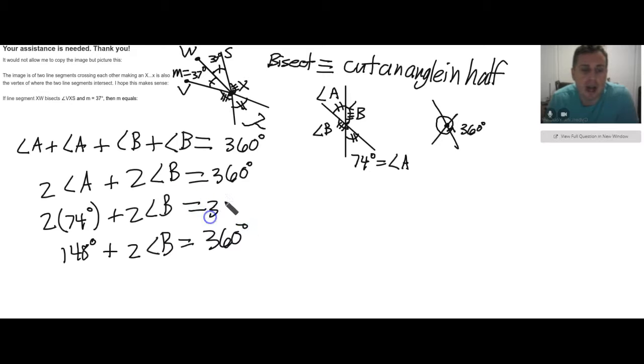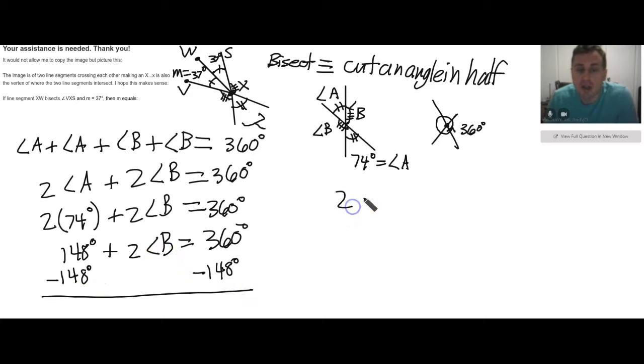Now notice, this is an algebraic equation that can be solved. If you knew what angle B was, you'd multiply by 2, then add 148 to get 360. So we have to go in the exact opposite order of operations. We have to subtract 148 degrees from both sides of the equation first. So we end up with 2 times angle B is equal to, and then what is 360 minus 148?